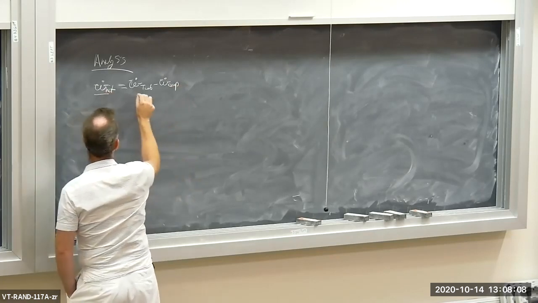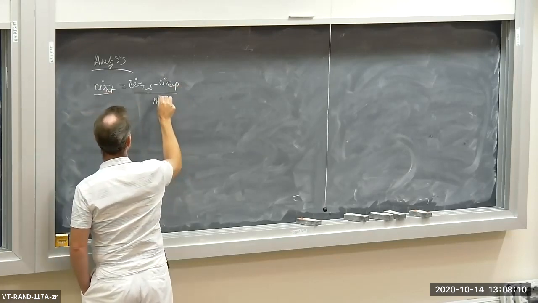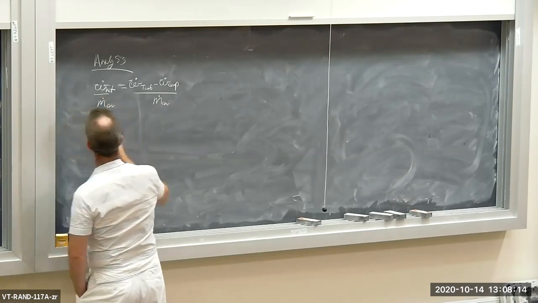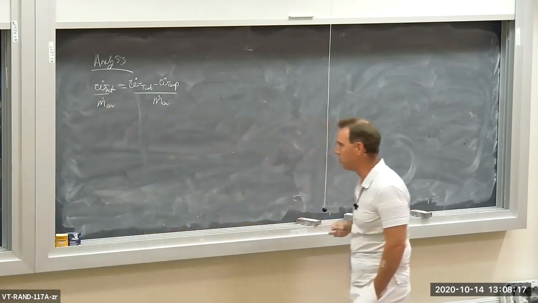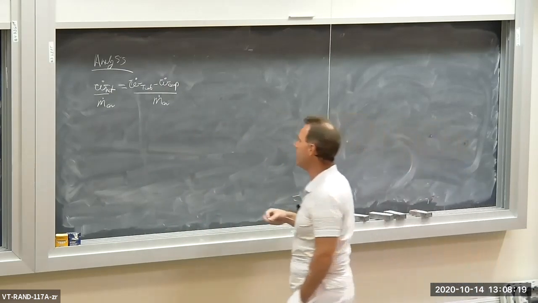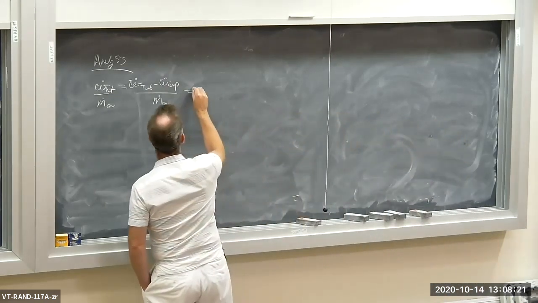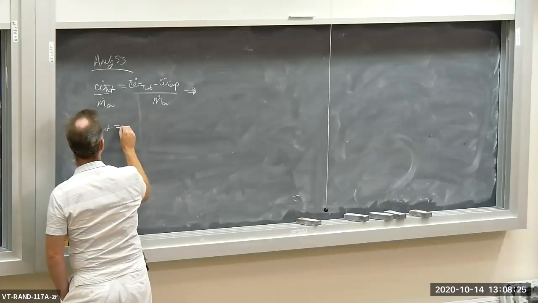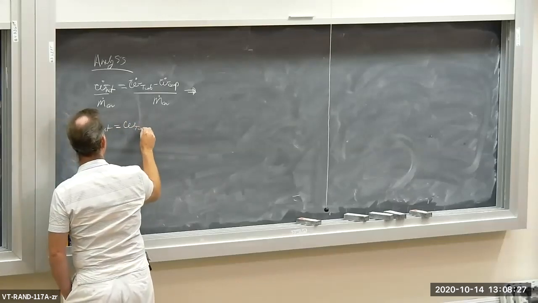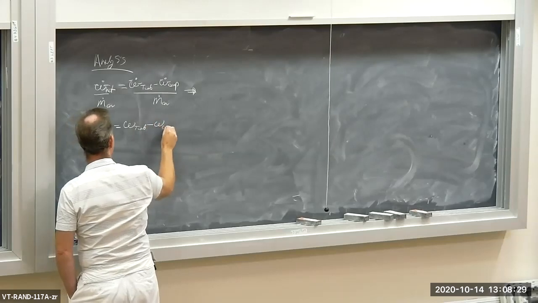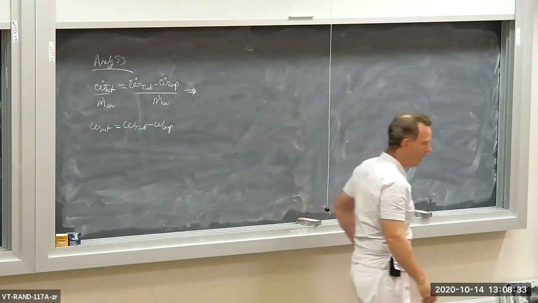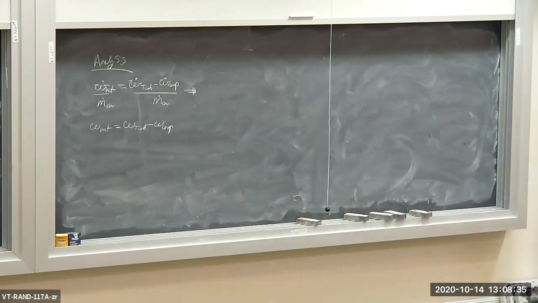Now, if I divide everything by m dot for the air, and we assume m dot is constant throughout the cycle, then I get w net is equal to w of the turbine minus w of the compressor. So I need to find the compressor and turbine specific work, and then I'll have w net.